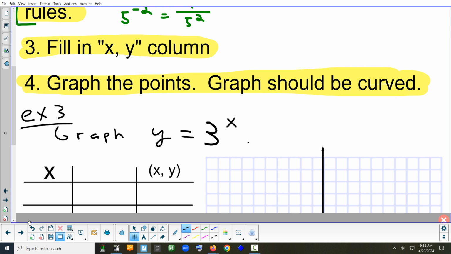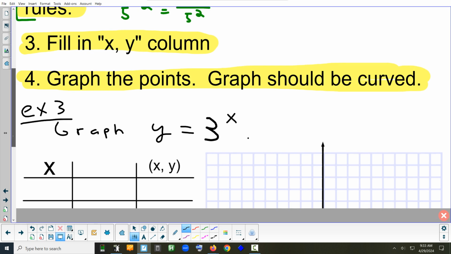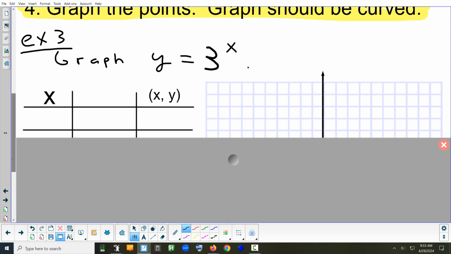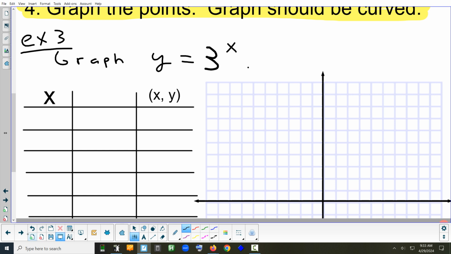So we're going to graph y equals 3 to the x. All right, so first step. What values did I suggest that you pick for the x column? -2, -1, 0, 1, 2. Okay. So those are going to be the x's.